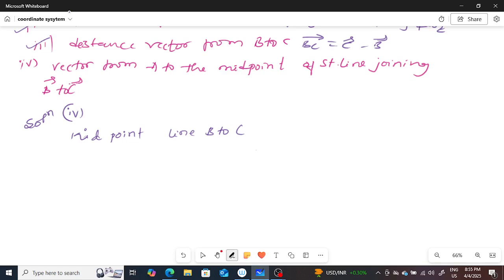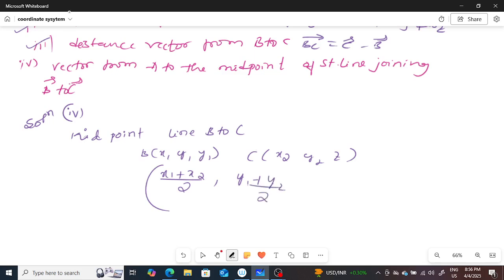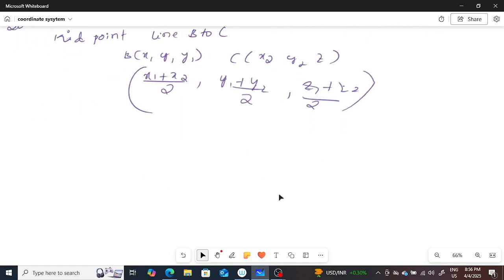Say for example, there are 2 points, one at B (x1, y1, z1) and another at (x2, y2, z2). The midpoint will be x1 plus x2 divided by 2, comma, y1 plus y2 divided by 2, comma, z1 plus z2 divided by 2. Using this formula you can find the new coordinate points, right?